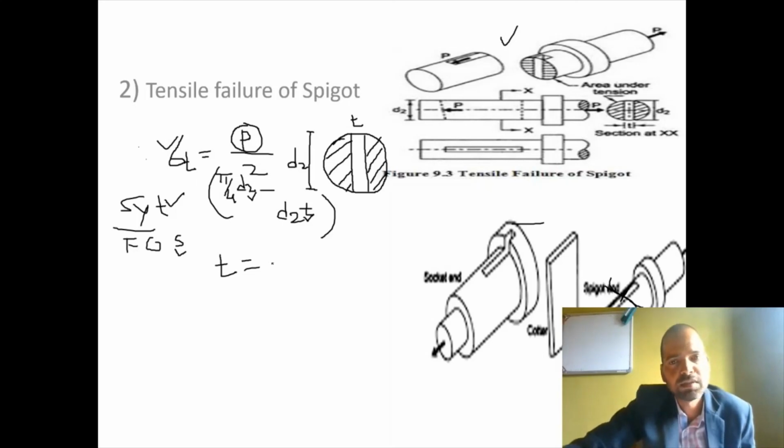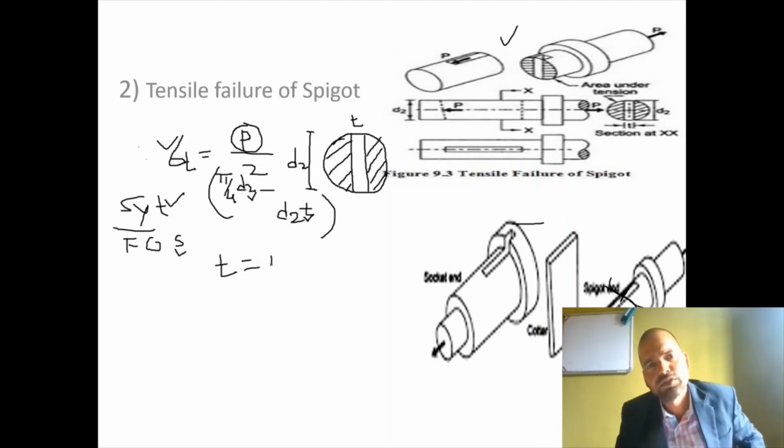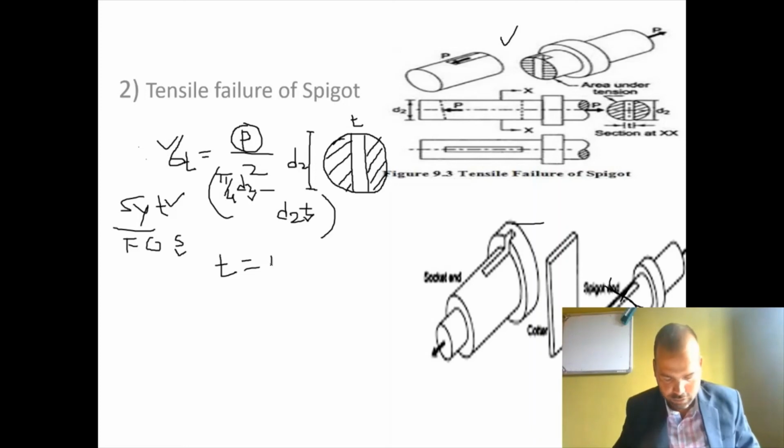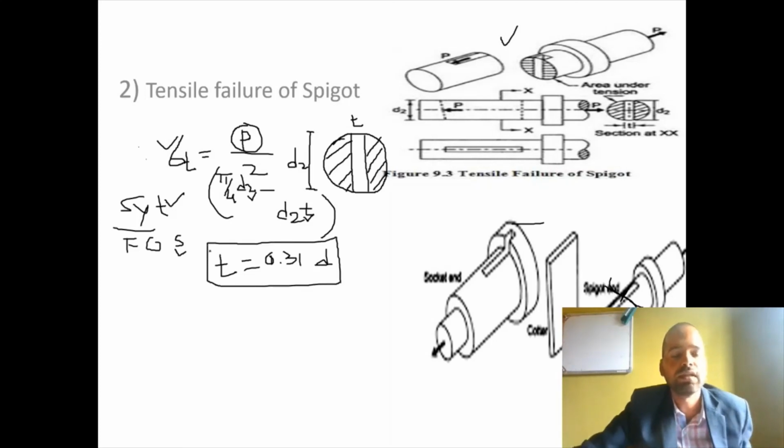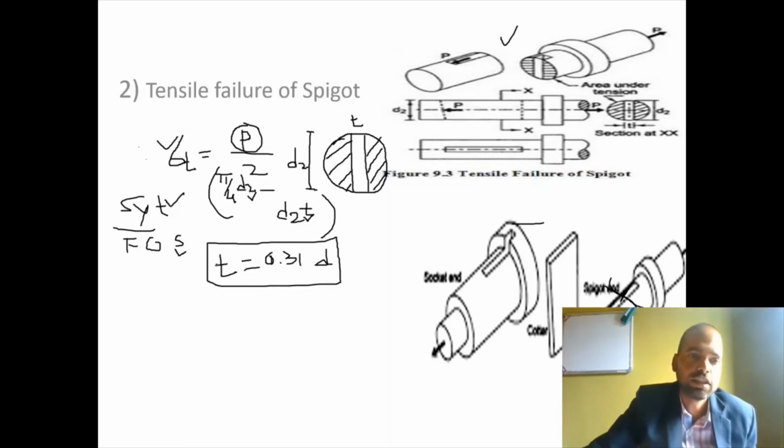From past experience, the designer has concluded that if T is taken as 0.31 times D, then that particular design is safe in case of tensile failure of the spigot. So let's assume T is equal to 0.31 times D. It came from past experience or from the empirical relations available for the design of a quarter joint.